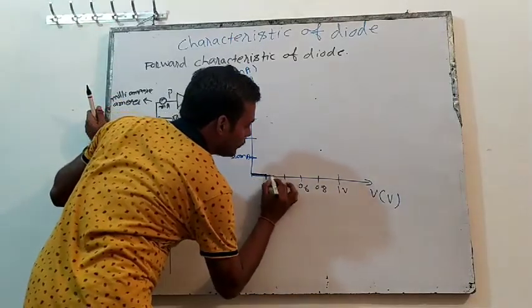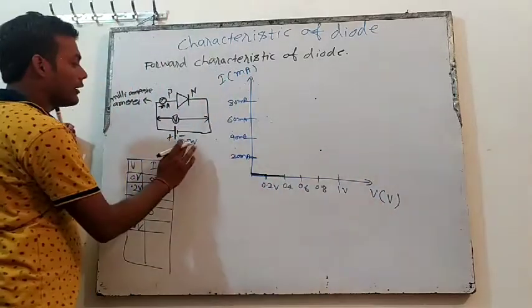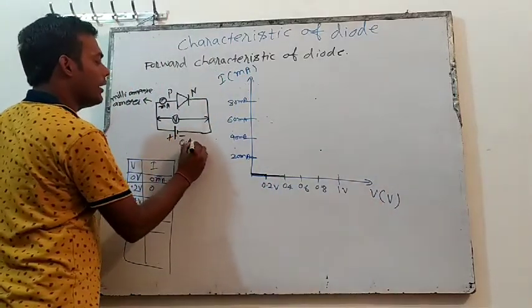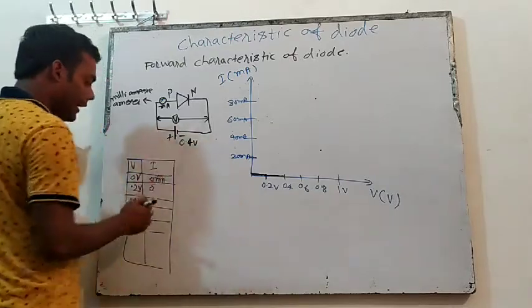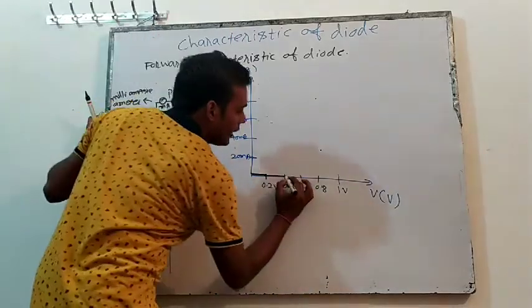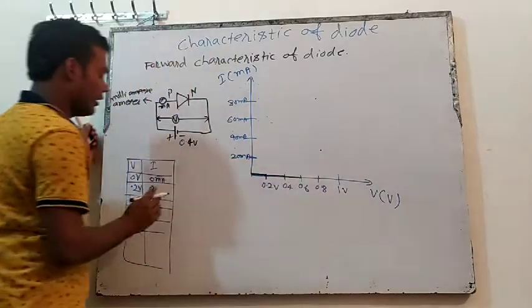Then after 0.2 volt, I will increase the voltage again to 0.4 volt. Again I will see 0 current. Then 0.6, again 0.